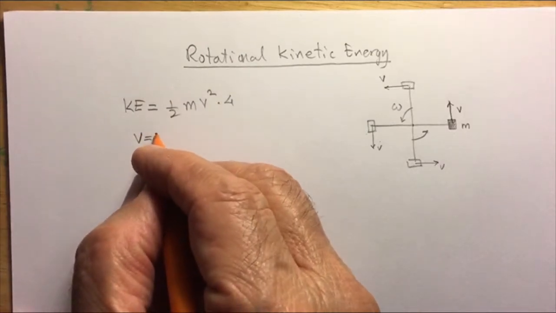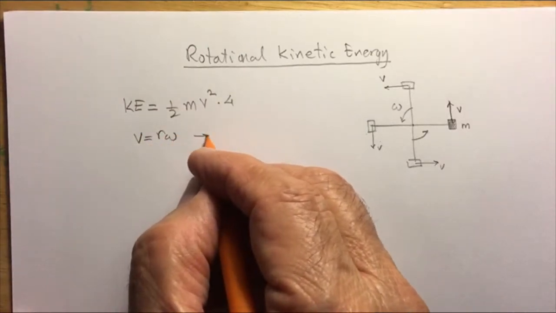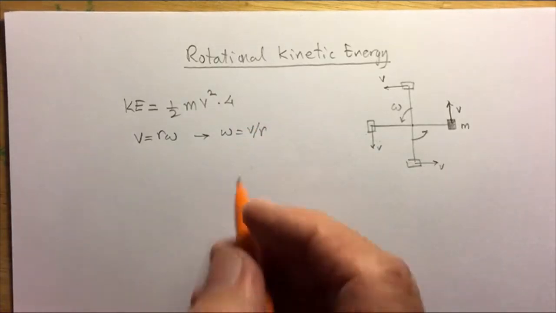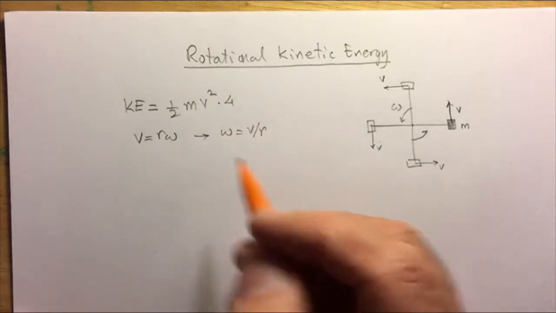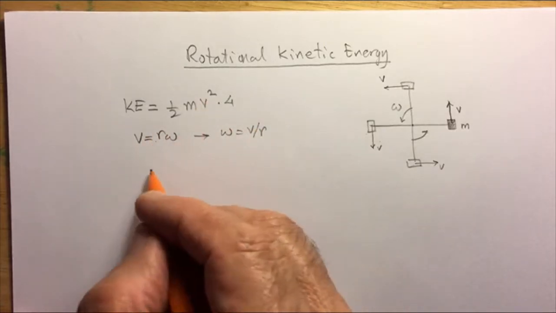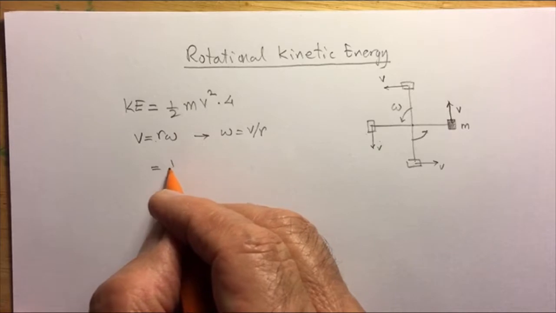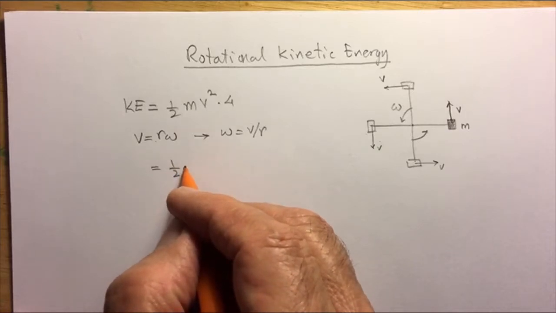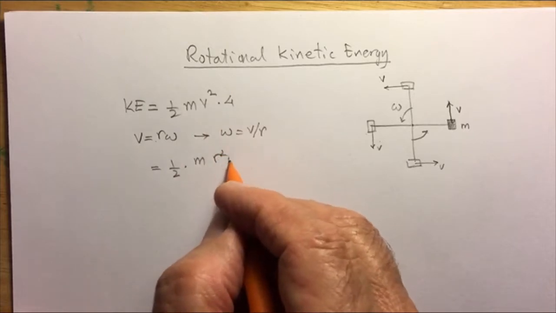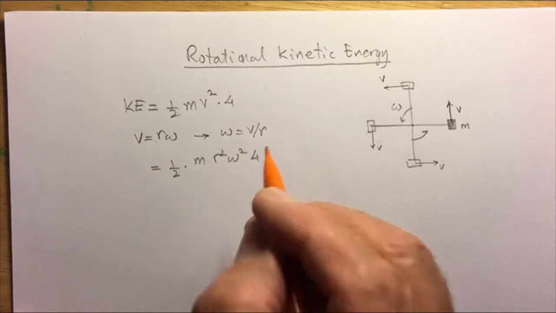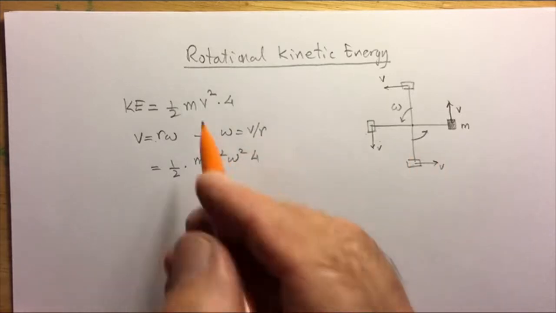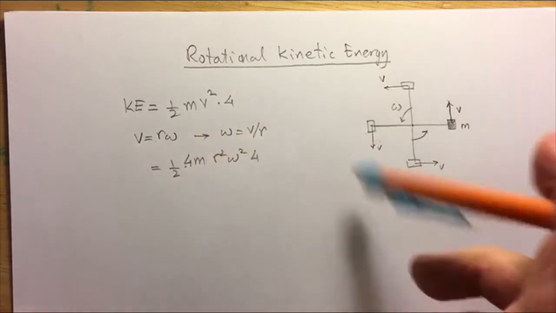Now we know that v equals r omega, which means omega is v over r. And so if we replace v with r omega, this becomes half m r squared omega squared times 4. Now we can rewrite the 4 over here and remove it from here.